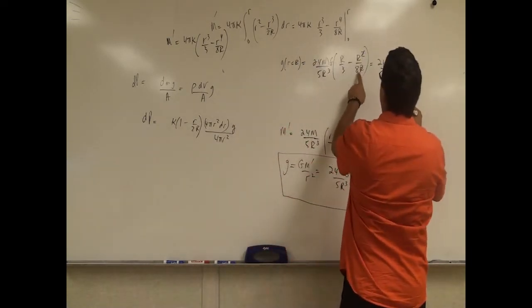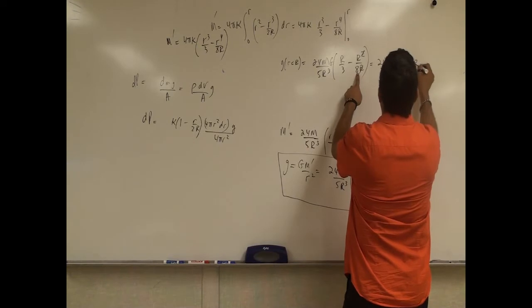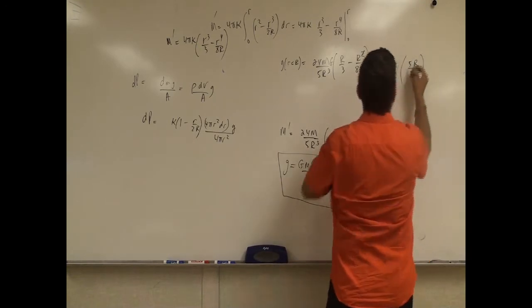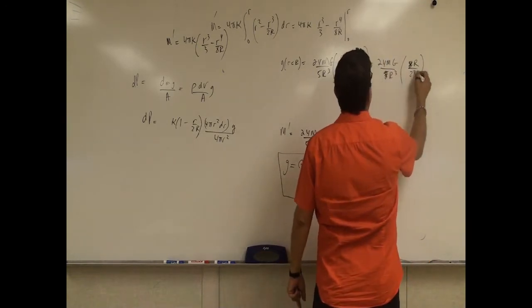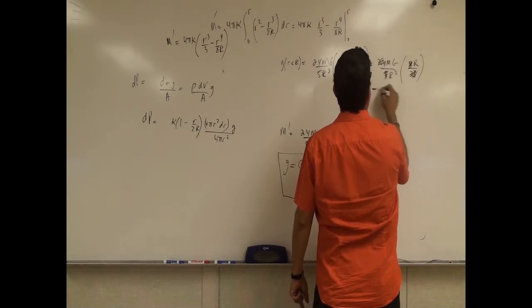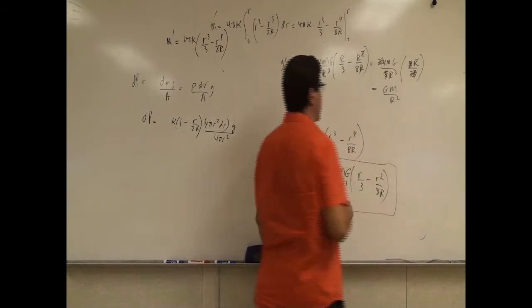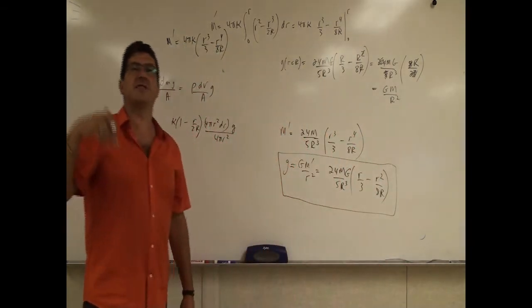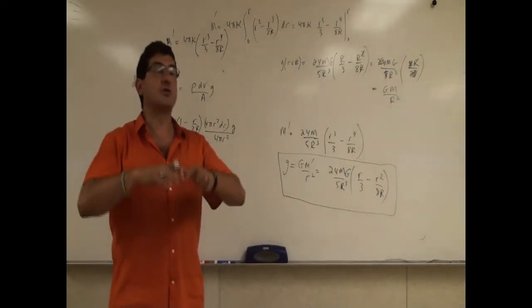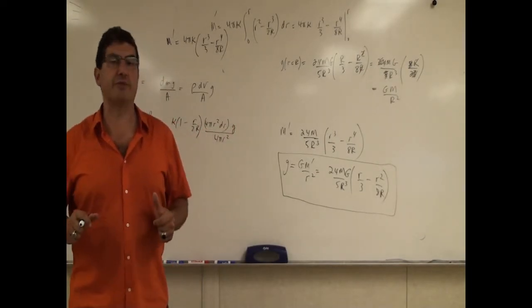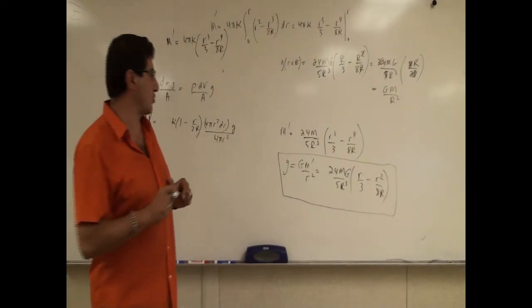R over 3 minus R over 8, which is going to give me 5R over 24. Okay, this 5 should cancel this 5, the 24 should cancel this 24, and you get GM, and then one of the R's cancels this, and you get GM over R squared. Right? So the gravity at the surface of a planet, no matter the density distribution of that planet, is always GM over R squared, right?